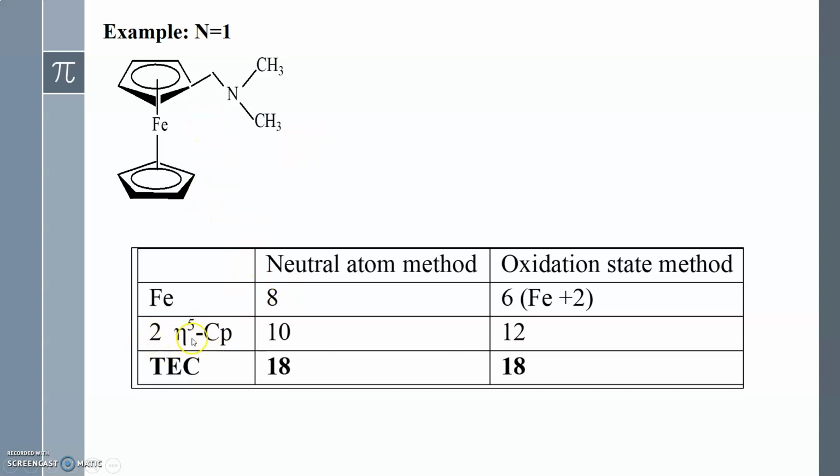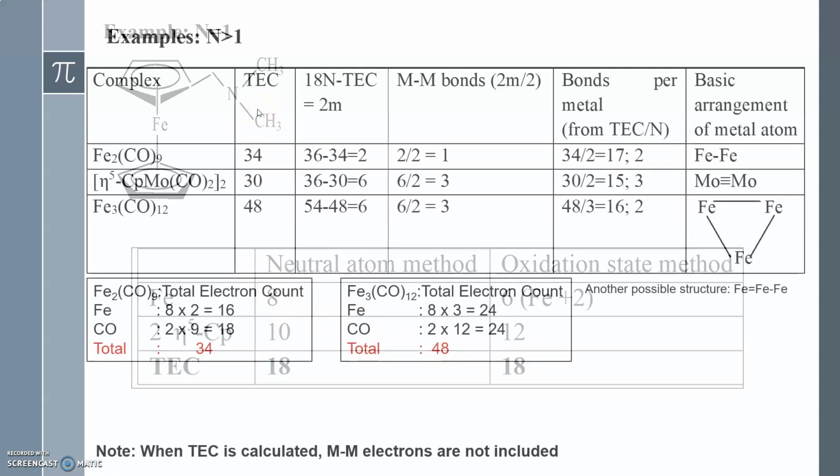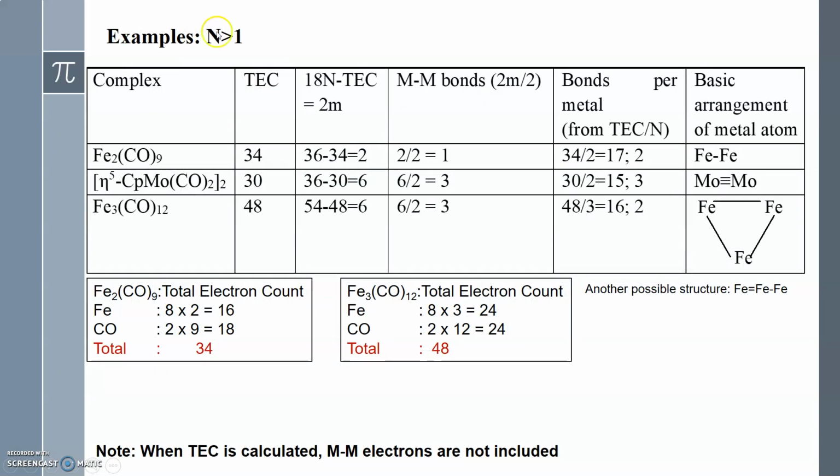So two rings mean 10 electrons in the neutral atom method, or in the oxidation state method the rings are considered 6 electron contributors, so 12 electrons from 2 rings. We see that in both cases we get the answer as 18, which means that this complex is a stable complex.